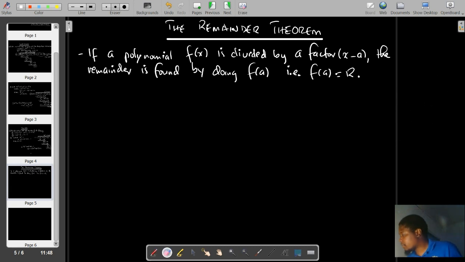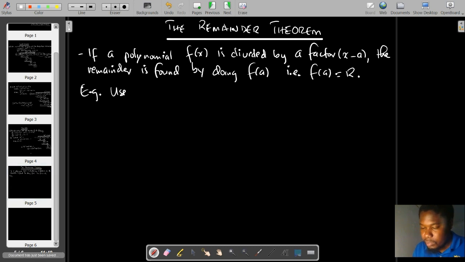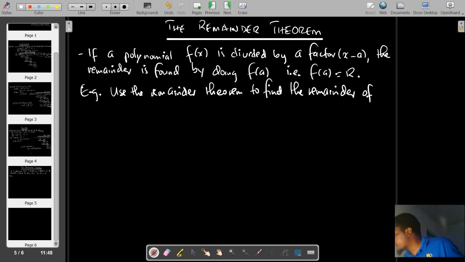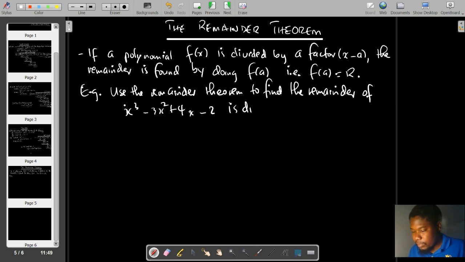Let me give you a simple example so you understand what we're talking about. Example: use the remainder theorem to find the remainder of x to the power 3 minus 3x squared plus 4x minus 2, divided by x minus 1.